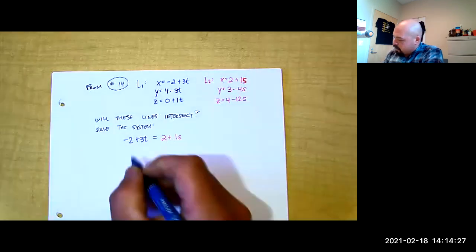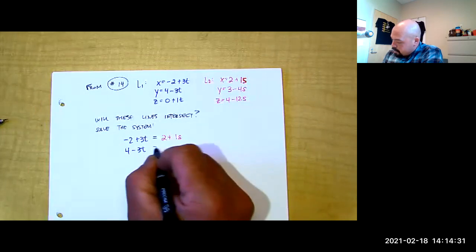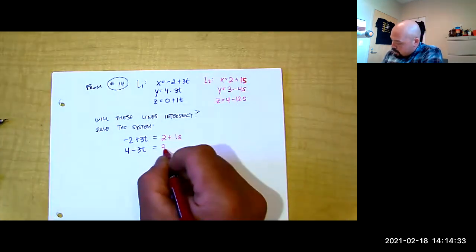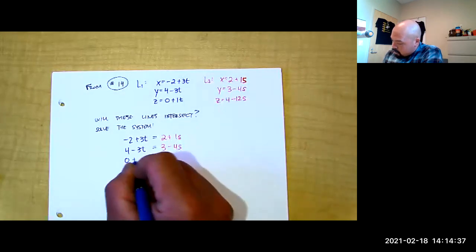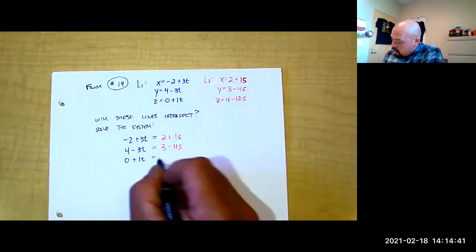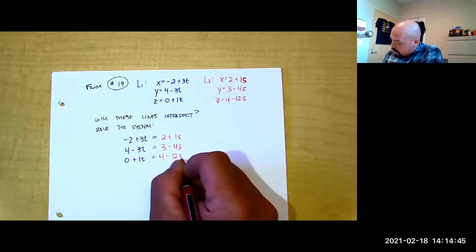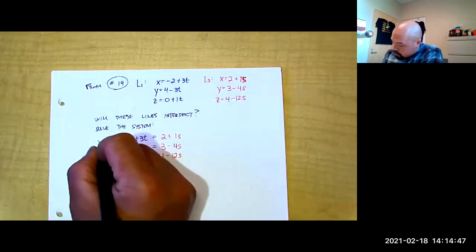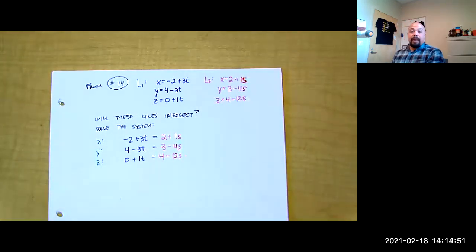We'll simplify that down: 4 minus 3t is equal to 3 minus 4s. And for the z, 0 plus 1t, or t, is equal to 4 minus 12s. All right, so we have these 3 equations, here's for the x's, the y's, the z's. Are those 3 going to match up?